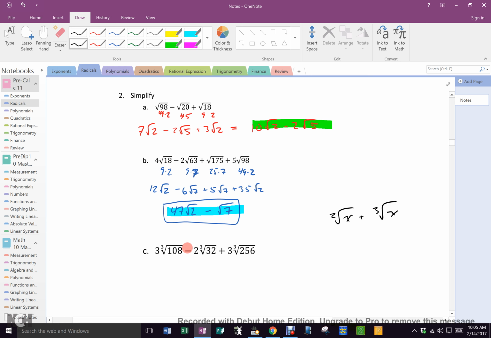Okay, so this one, they're all cubes. So right now, all their indices match, but their radicands don't. So our first step is always simplify, right? So now we got to look for cubes, yeah?